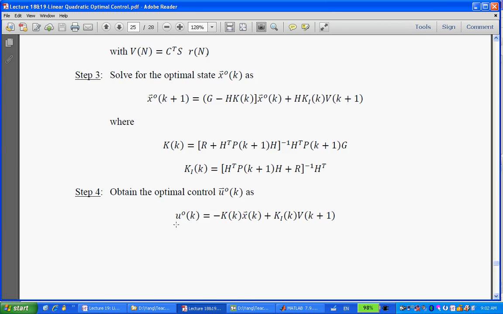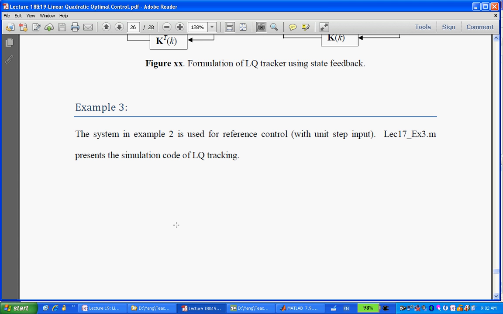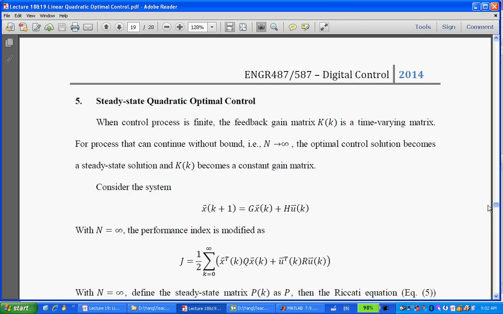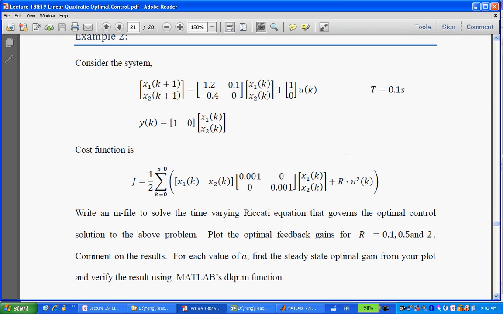Here, I'll show you what the example is. The example is essentially the same as example number 2. This example here, we wanted to design a reference control system for this system right here.